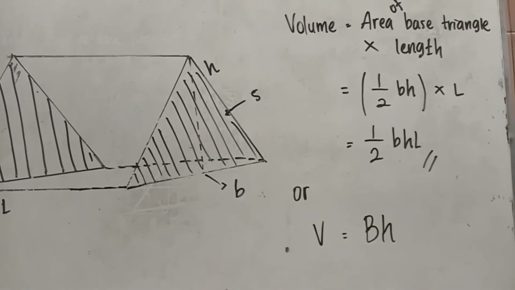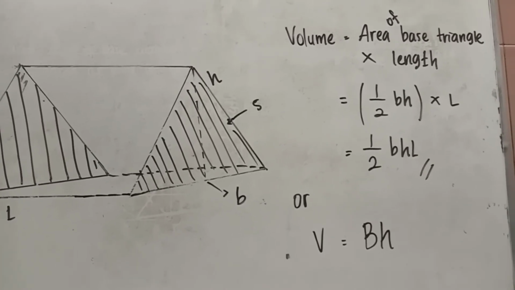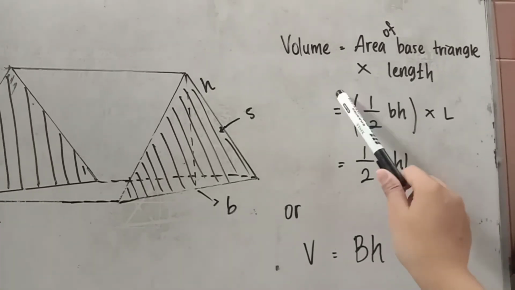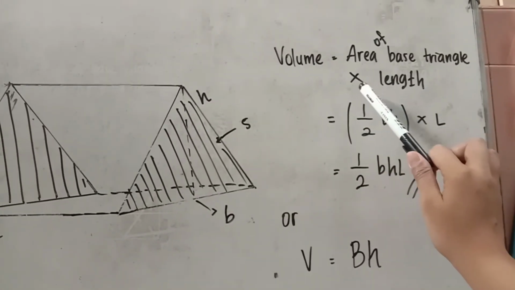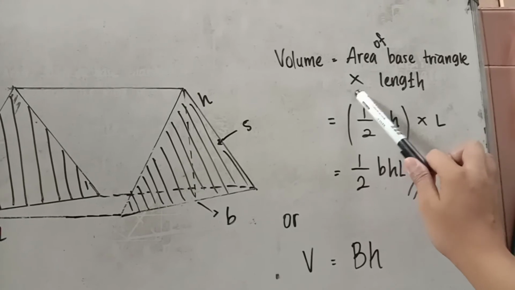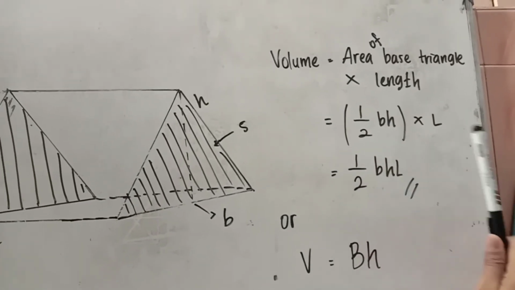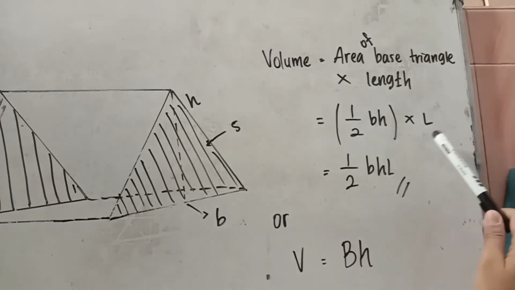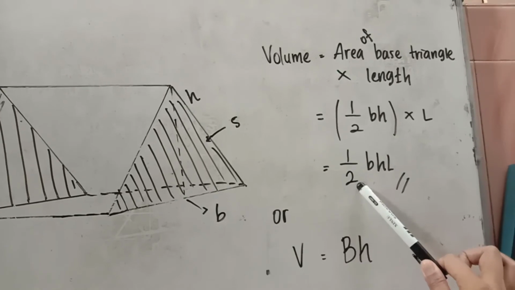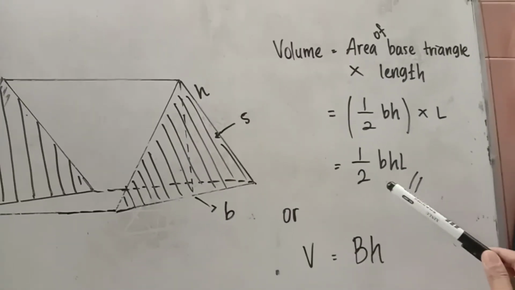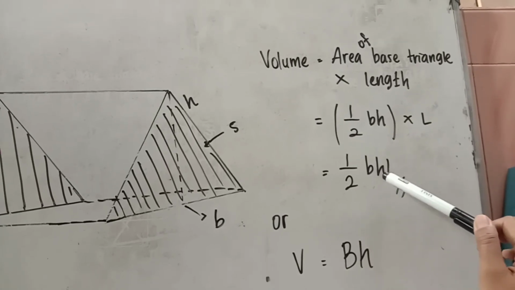To find the volume of triangular prisms, volume is area of base triangle multiplied by length, is 1/2 BH multiplied by length, is 1/2 BHL.